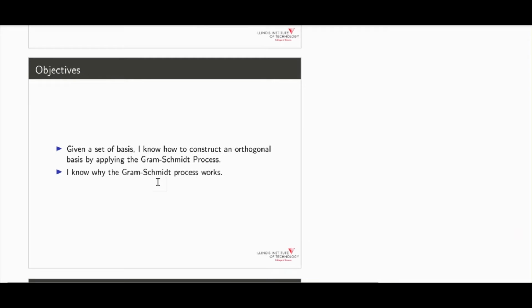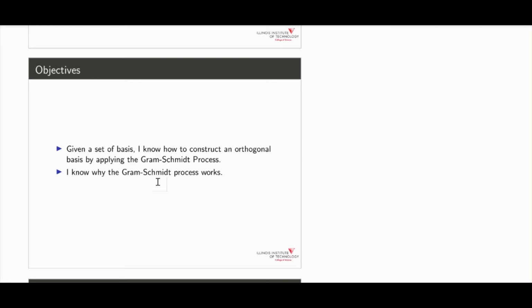At the end of this video, you should know how to construct an orthogonal basis by applying the Gram-Schmidt process. If I give you a basis, whose vectors span the space and are linearly independent, you should be able to perform this Gram-Schmidt algorithm and build a new basis, which obviously still spans the space and is linearly independent, but now every vector is perpendicular to each other, which means the dot products of different vectors will be 0.